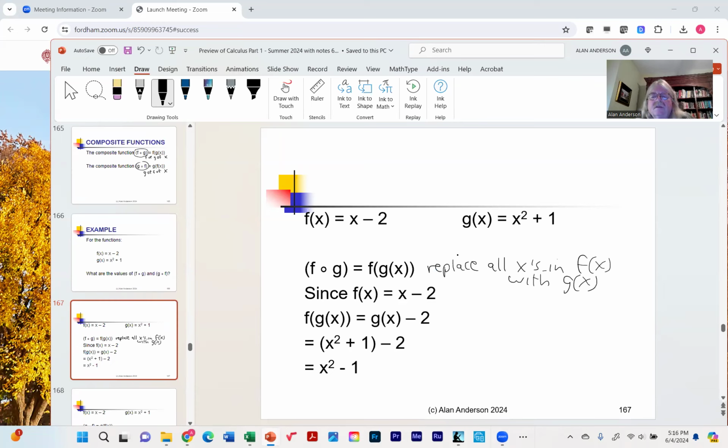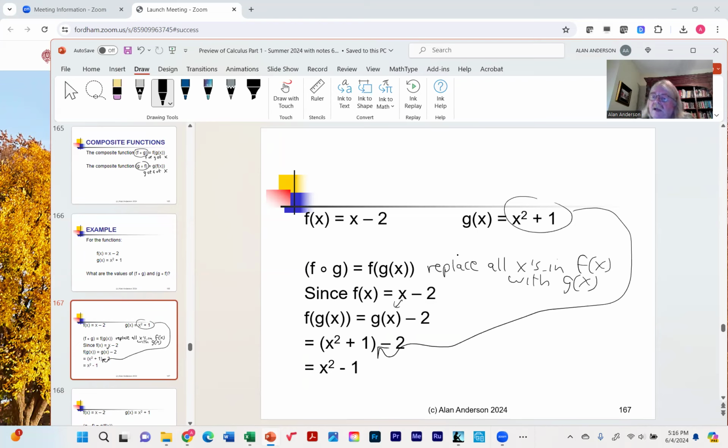In other words, since f of x is x minus 2, that composite function means the x becomes g of x minus 2, and g of x is, of course, x squared plus 1, which I'll put here. And then when I combine them, I end up with x squared minus 1.